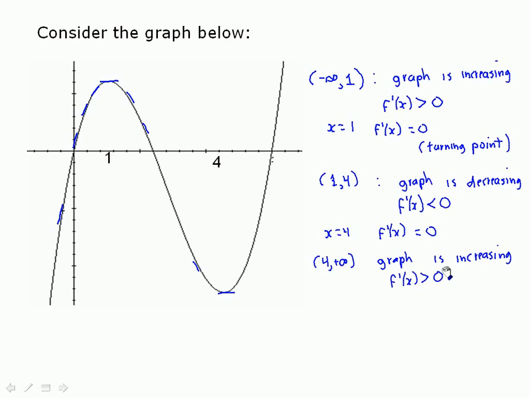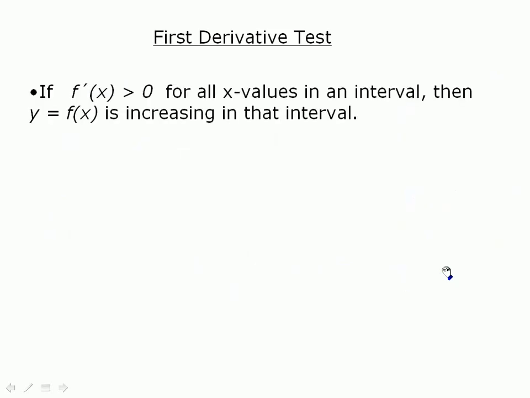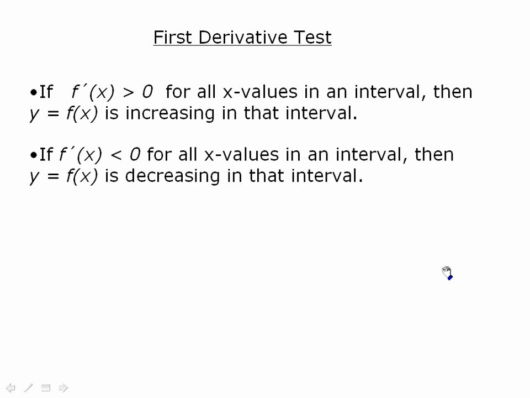So fairly obvious points. Now to summarize all this, we can refer to the first derivative test, which states that if the first derivative is greater than 0, that is positive, for all x values within that interval, then the function is increasing in that interval. Seems reasonable. Same thing if the derivative is negative, the function is decreasing in that interval.